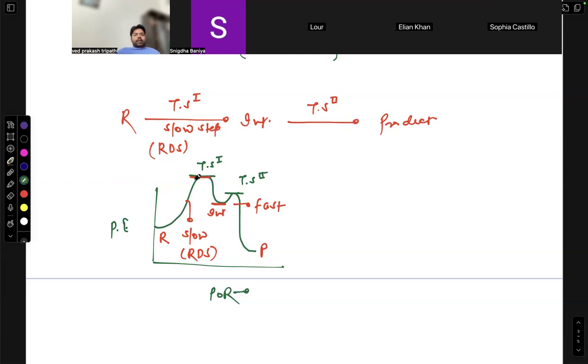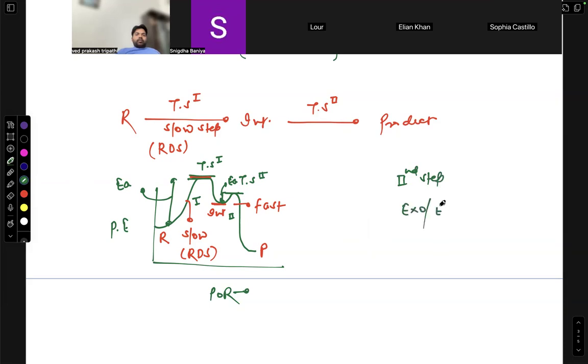And from reactant to transition state, this energy gap is called activation energy. And this one is also activation energy. Okay. So here a question can be, this is supposed to be my first step, this is the second step. Now let me know what is the nature of the second step. Exo or endo? Tell me.